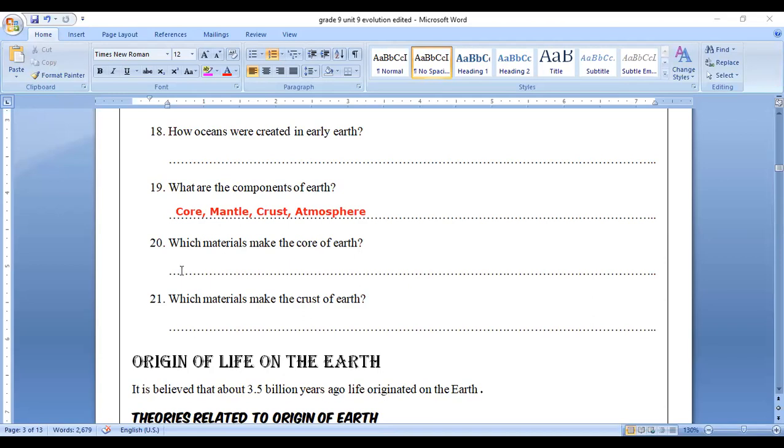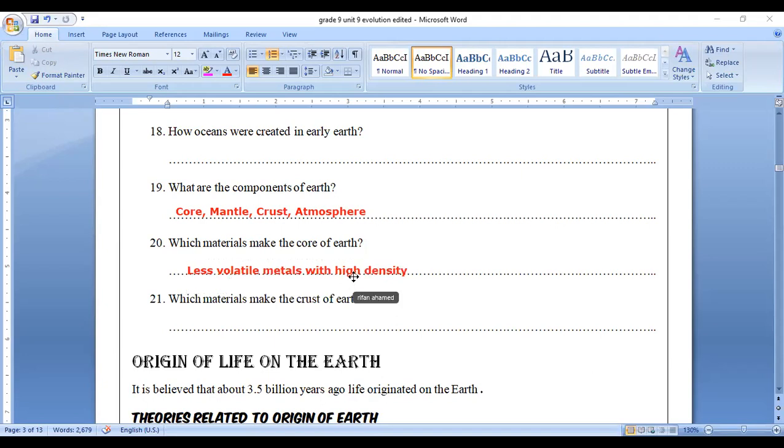What were the materials making the core of the earth? Less volatile metals with high density.